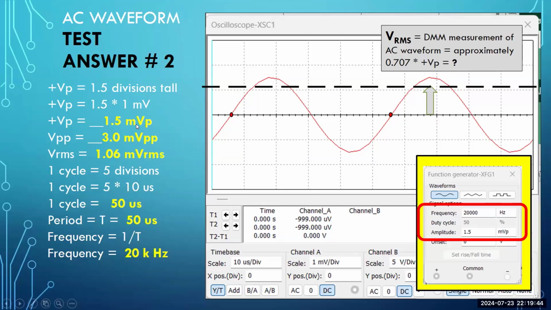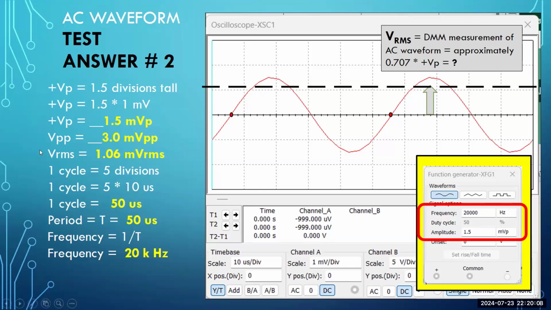It's important that you write milli in lowercase. It's important you write volts capitalized. It's important that you write peak as a subscript or lowercase, because if you don't write down all these pieces of the answer, then when you go to review your notes at a later date, they will be confusing.